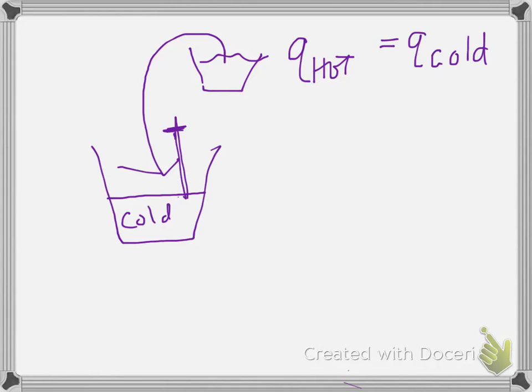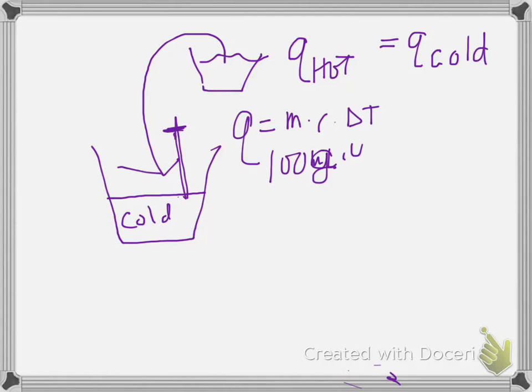So in both cases, you're going to have Q equals MC change in T. If I have 100 milliliters of each, it's going to be 100 grams, because the density is 1, times 4.184 joules per gram degrees C, which is the heat capacity of water, times whatever the temperature change was.